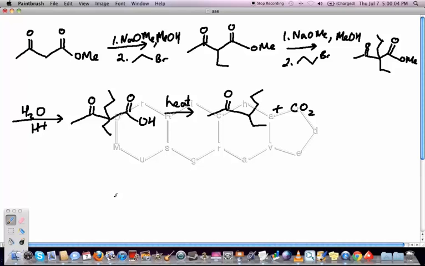And still, we're going to end up removing that middle proton. We still have one proton left, and that's right here. And that will be pretty much as acidic as the first proton was. So the OMe minus comes in, removes the proton, and we're left with this anion.